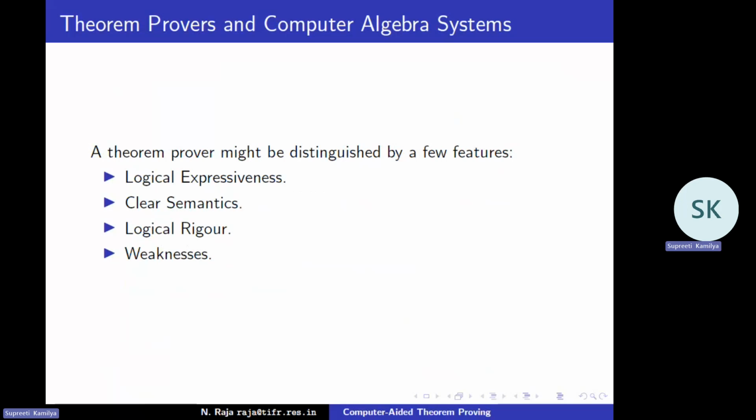So here are some of the axes along which we can distinguish computer algebra systems and theorem provers. There is a notion of logical expressiveness, about how clear the semantics is and how much logical rigor you have. And then, of course, these systems have their own weaknesses. Let me tell you a little bit more about these aspects.